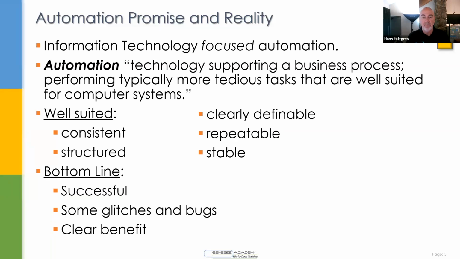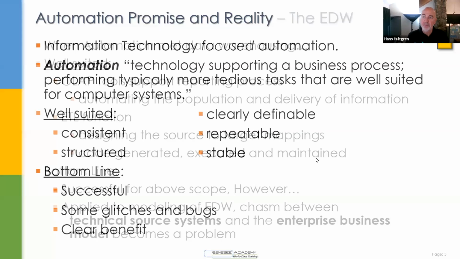So we can automate the process of something that we expect to be done in about the same way for a longer period of time. But the bottom line is that this form of automation has been extremely successful. There have been some glitches and bugs along the way. We're still, of course, applying ourselves in IT in general, but clearly there's a benefit.